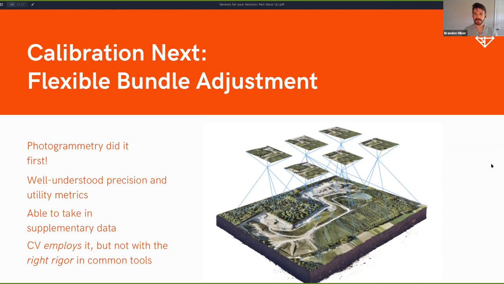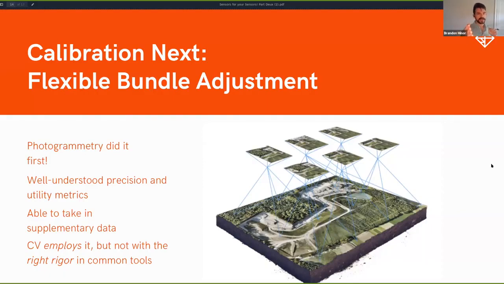But the things that they expand upon specifically are fascinating. So they don't just get the calibration parameters for your cameras. You don't just get the intrinsics and the extrinsics, but you actually understand the uncertainty and precision of those measurements. You understand the uncertainty and precision of your data put in.